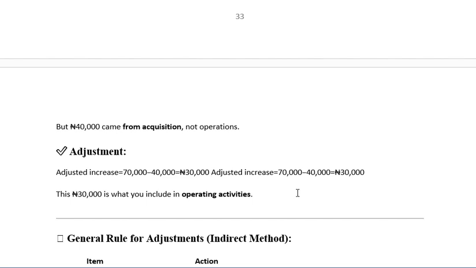So we need to adjust that 70,000 increase. It will now be 70,000 minus the amount at the date of acquisition, which is 40,000. All right, so what we are taking to our operating activities is 30,000.